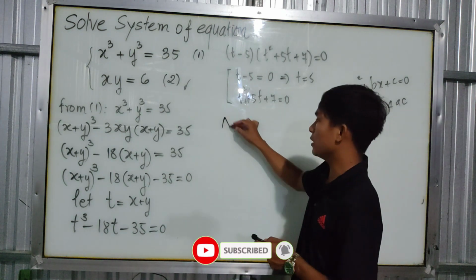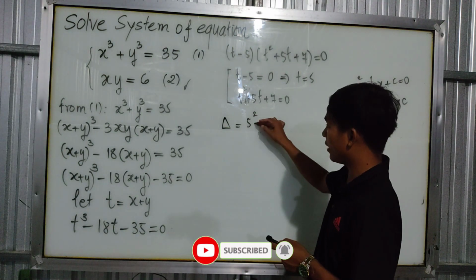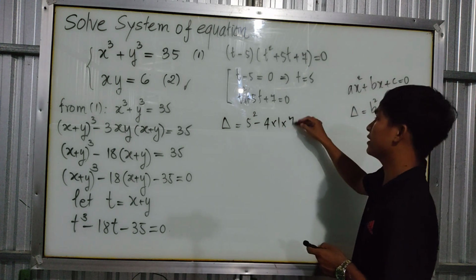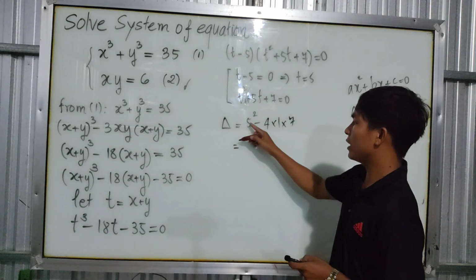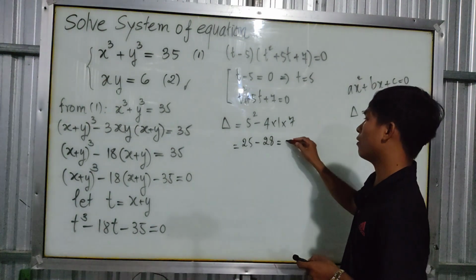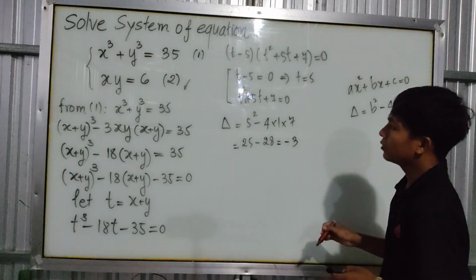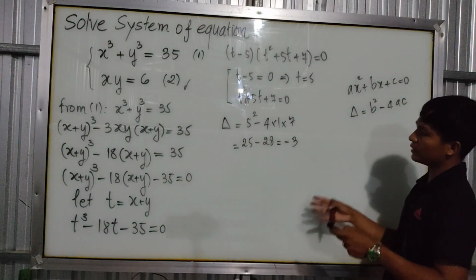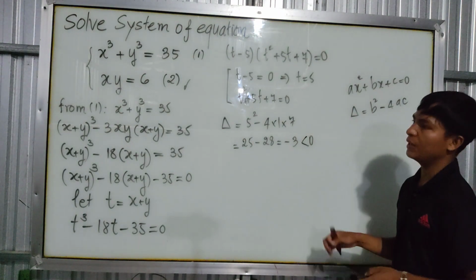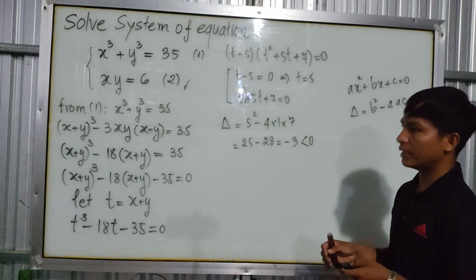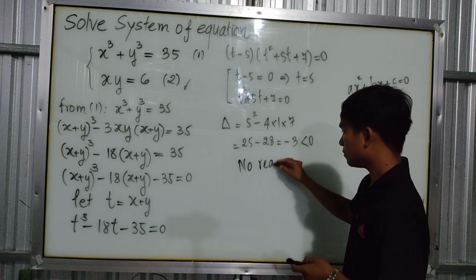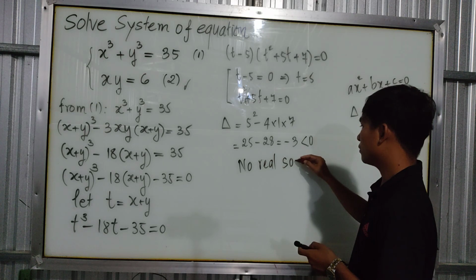So delta is equal to 5 squared minus 4 multiplied by 1 multiplied by 7, which is 25 minus 28, equal to minus 3. Delta is negative, so it has no real solution.